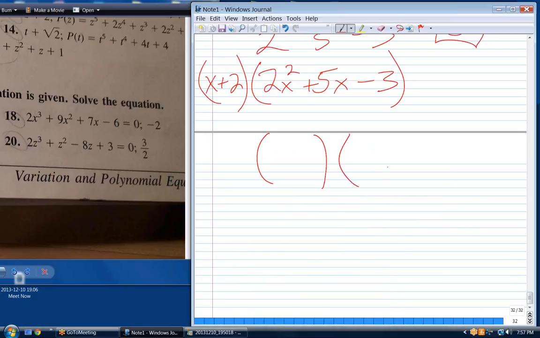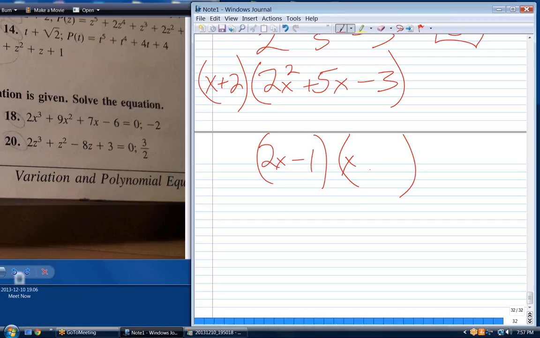You get x equals negative 2, and then it's 2x minus 6, and then x plus 1.